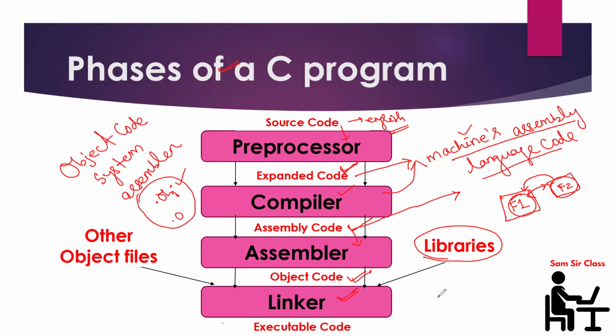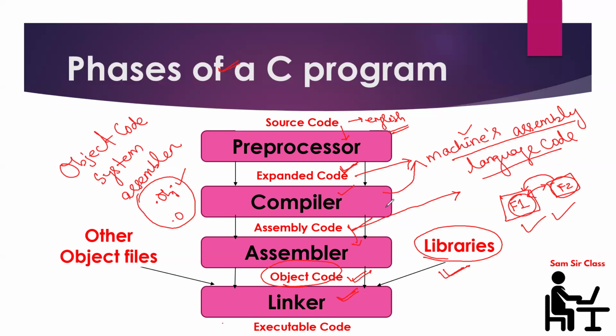Okay. So what does the linker actually do? The linker combines these predefined object codes with the object code that our program generated. Clear? So that means our program may also contain references to different functions that are defined in different files, like the example I have given.